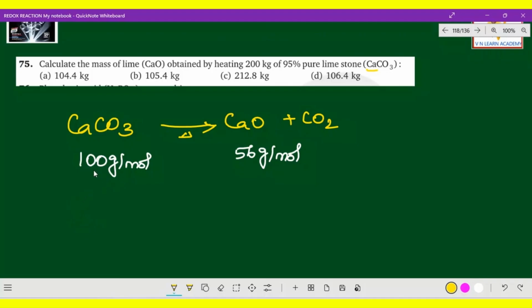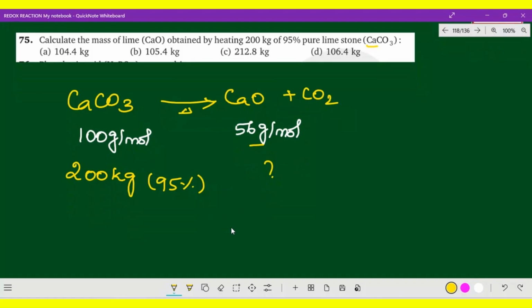They are asking to calculate the mass of lime, CaO, obtained by heating. So we have to find out the calcium oxide mass. Here 100 gram per mole can provide 56 gram per mole of calcium oxide. Therefore 200 kg of 95% pure calcium carbonate can provide how much calcium oxide? It is cross multiplication, right?